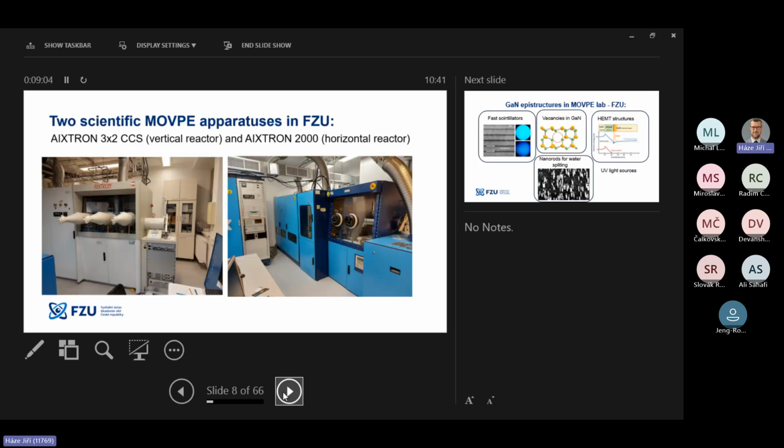And now let me tell you something about our laboratory. At the moment, we have 2 MOVPE apparatuses with different design. One of them, the white one, has a vertical reactor with cold overhead, while the other is an older one with radio frequency heating, and the reactor is horizontal.